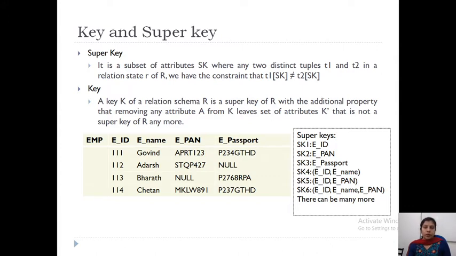What does that indicate? If I take two different tuples, the corresponding values must not be the same. Sk is a subset of attributes, and in two different tuples I should not get the same combination of values for those attributes.